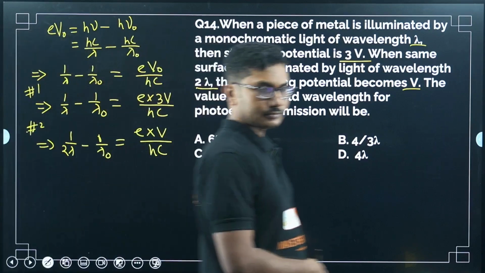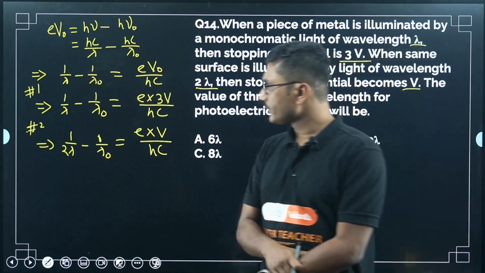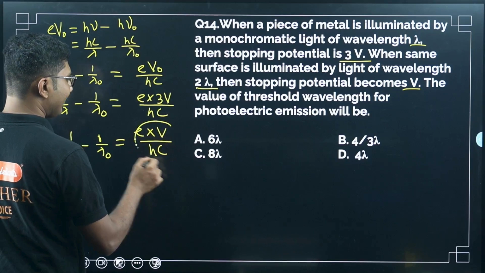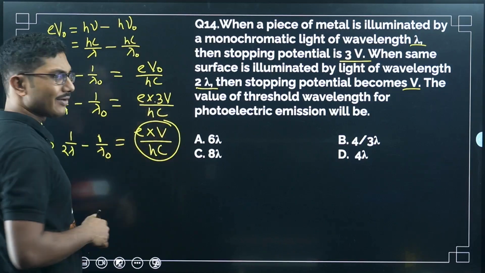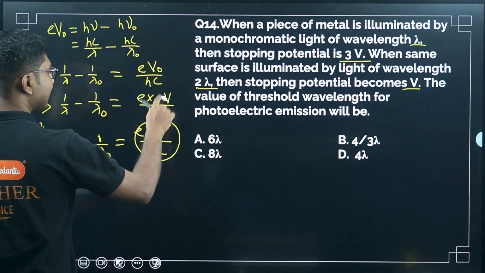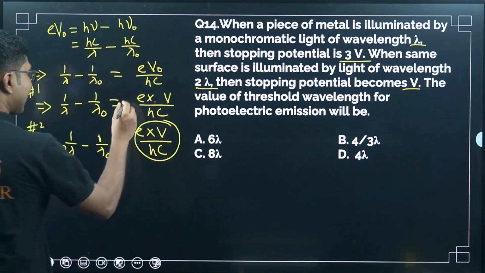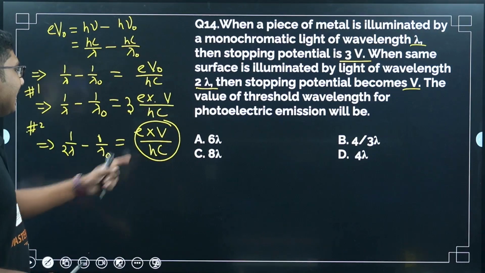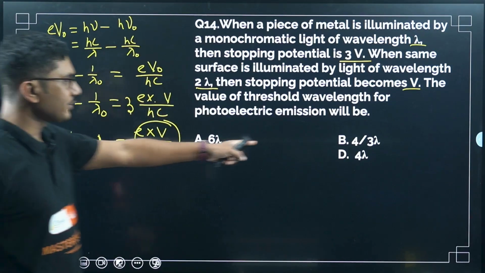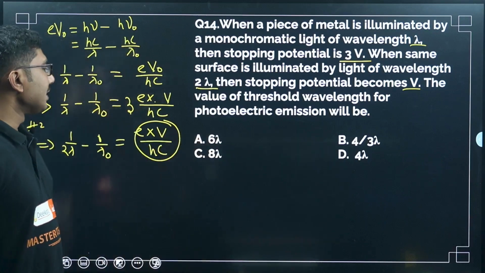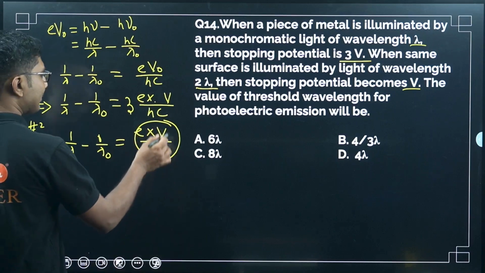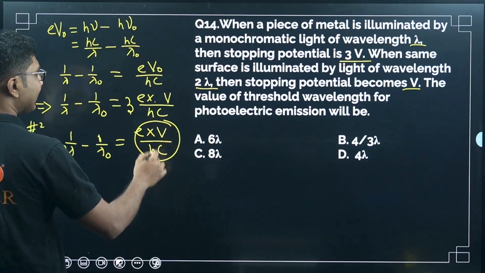Now there are 2-3 ways to solve this question. The easiest way is to see, here we have eV by hc, here we have 3eV by hc. If you just simply take this 3 out and write it outside, then you will see this term and this term are same. In the options given, there is no e, no V, no h, no c, right? So we have to substitute this eV by hc here.